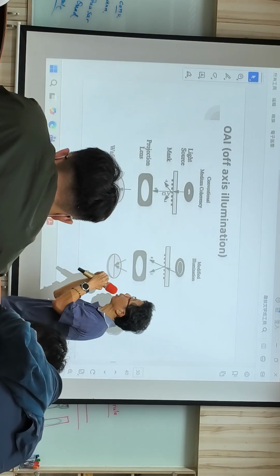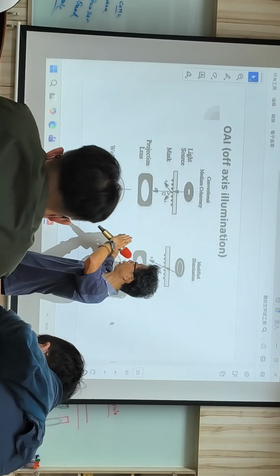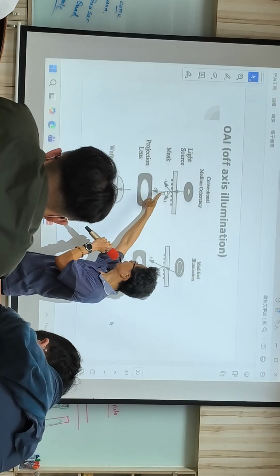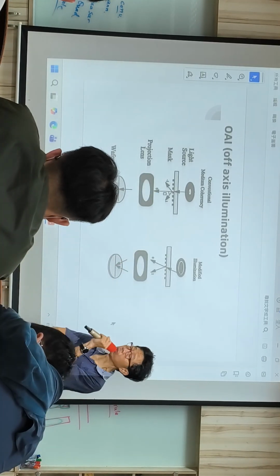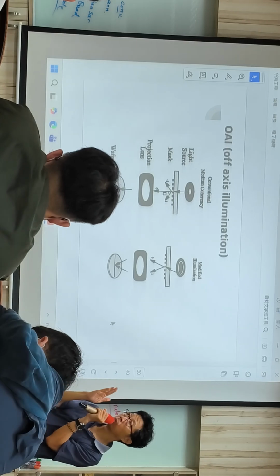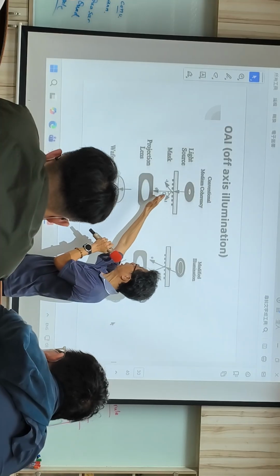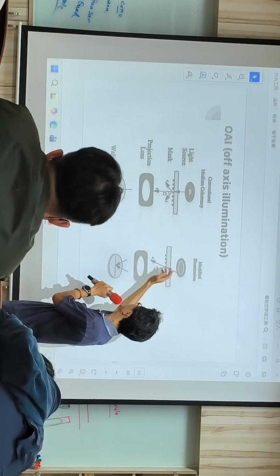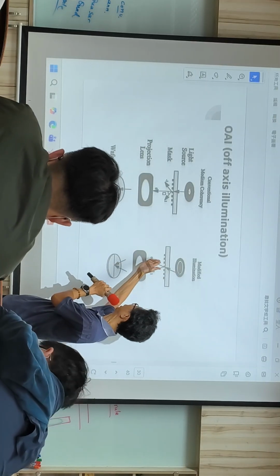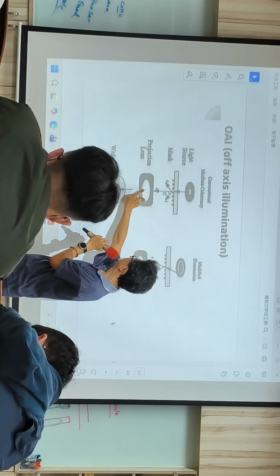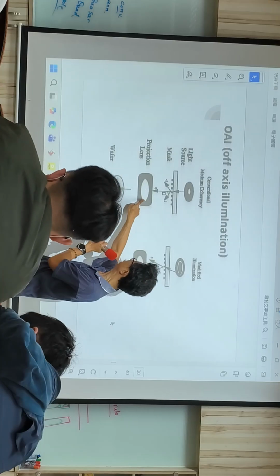But if we make the resolution higher, then the angle becomes larger and larger. Eventually, this angle will become so large that we won't collect the plus and minus one. That's what we call the resolution limit. At this point, if we use off-axis illumination, you can see we're going through an angle, basically from the center to the edge.